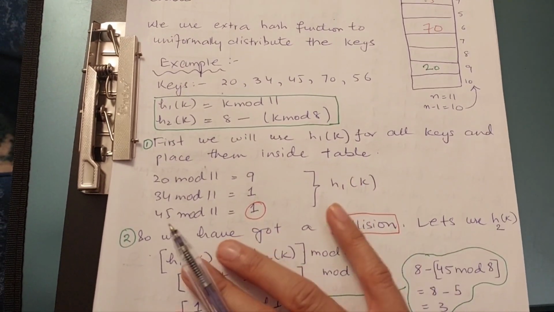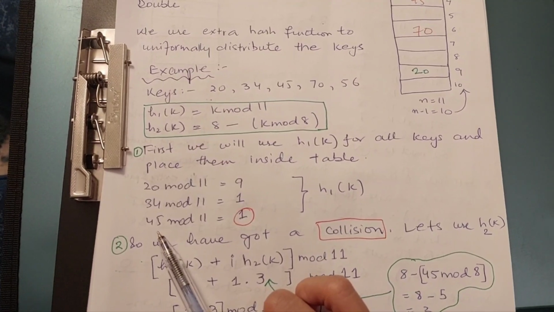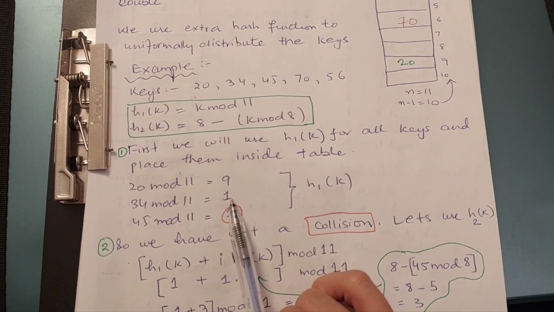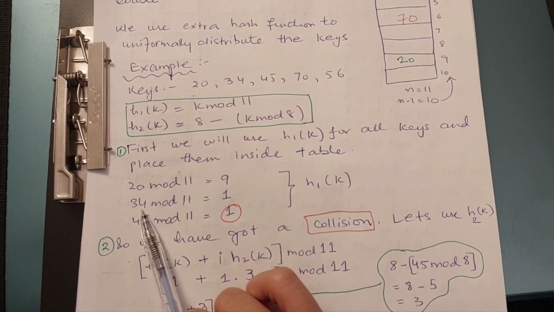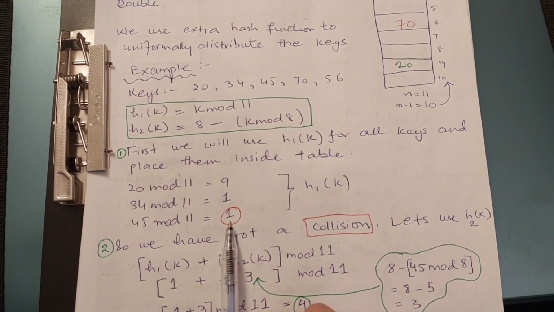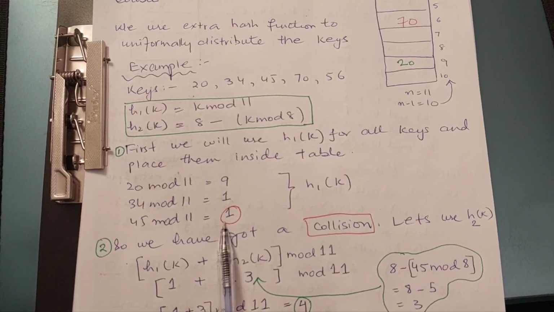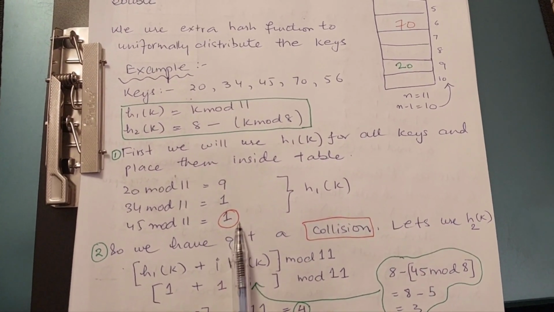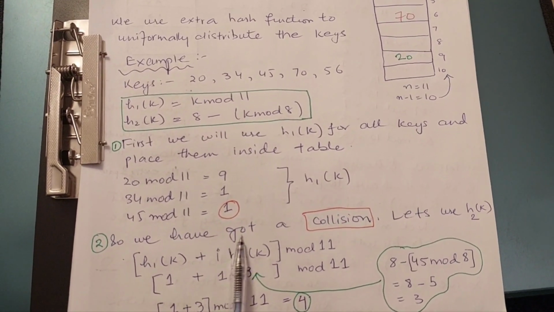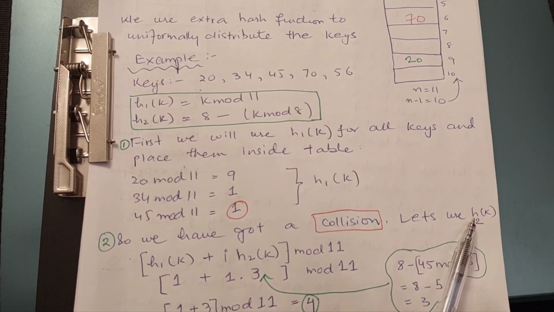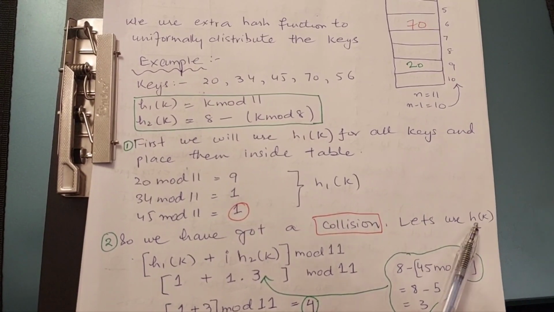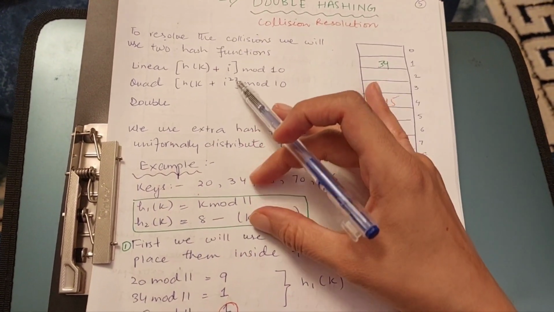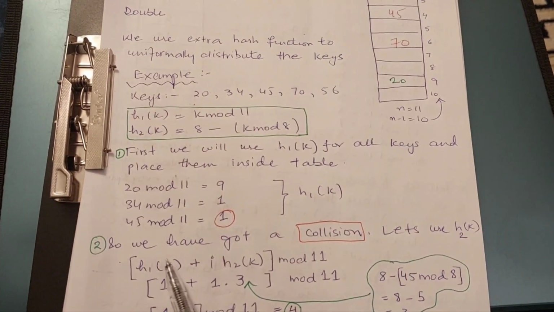Now when I take the modulus of 45 with 11, I am getting 1. But I have already stored 34 on this location, so now I have a collision. Whenever you get a collision, you need to resolve it. At this stage, we have to use the second hash function, and in double hashing, we combine these two hash functions and use them together.